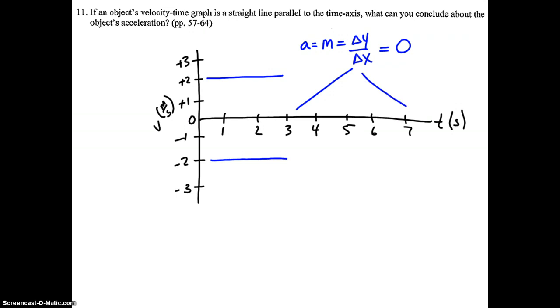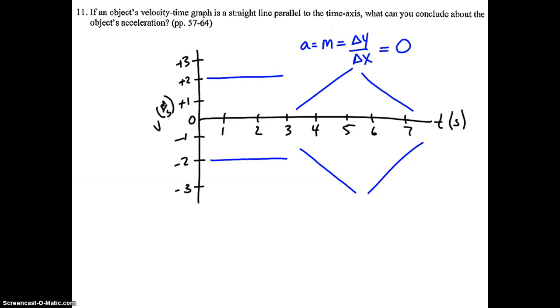We could see a negatively sloped line above the time axis. We could see a negatively sloped line below the time axis. We could see a positively sloped line below the time axis. And of course, this indicates to us different kinds of motion.